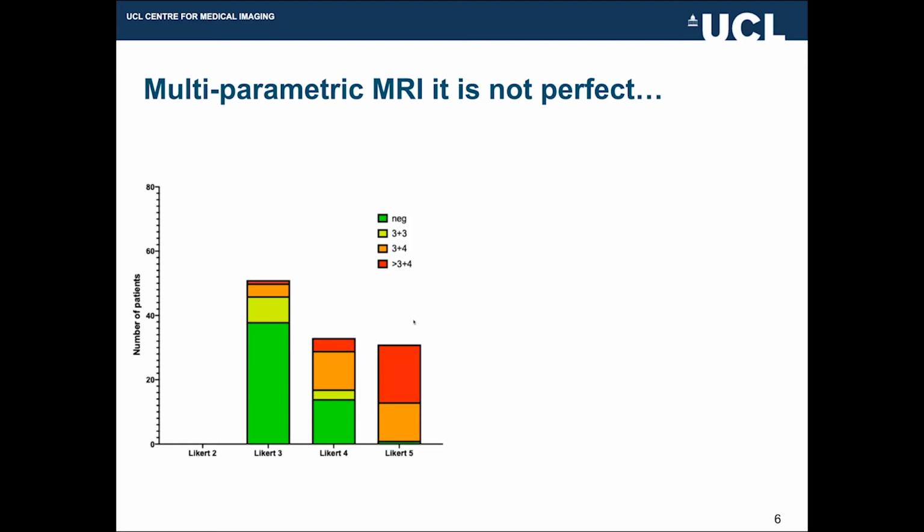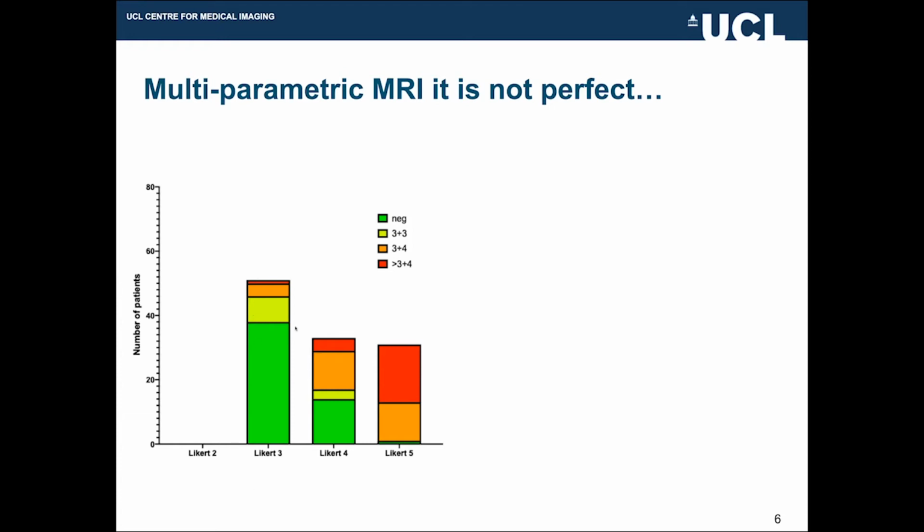When radiologists score a Likert 5, it's pretty much perfect in picking up tumour, so there's no challenge there that needs to be remedied. Multiparametric MRI works. When radiologists score a Likert 2, you don't see a bar there, because these men never got biopsied. People are very happy to leave these men alone, and Hash showed you a very nice image of a man who had a completely normal MRI who wouldn't have been biopsied.